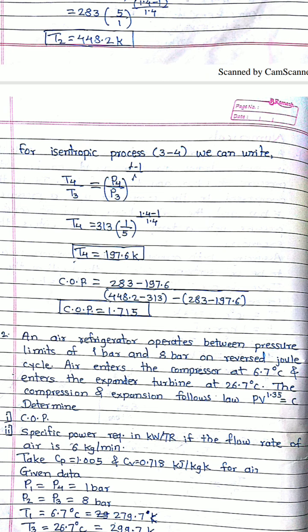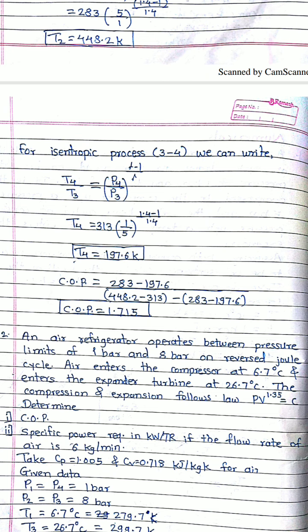The compression and expansion follow the law PV raised to 1.35 is equal to constant. So determine the coefficient of performance COP and specific power required in kilowatt per TR if the flow rate of air is 6 kg per minute.